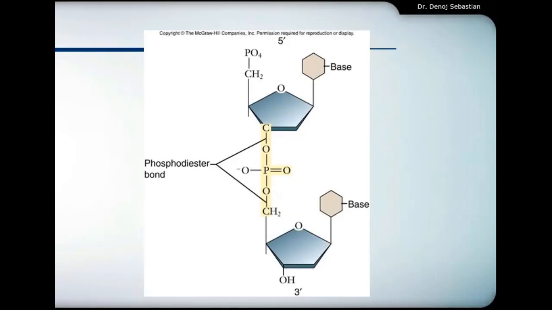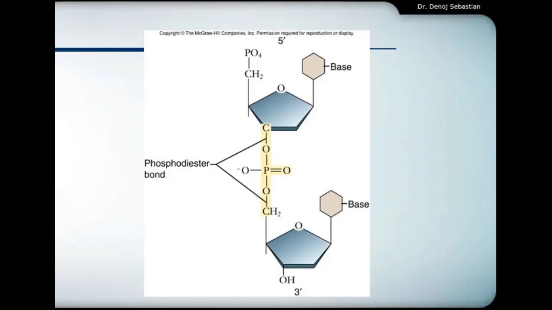The half-life of RNA is very short, and the mutation possibility is much higher. So it is very much subjected to rapid change in the case of RNA, whereas DNA is much more stable. It cannot be easily destroyed or altered, right? So this is the main difference between the RNA and the DNA genomes.